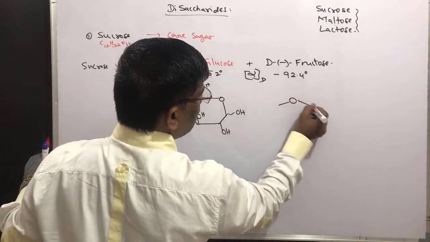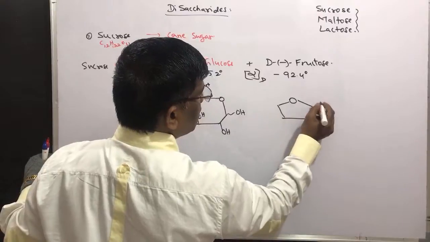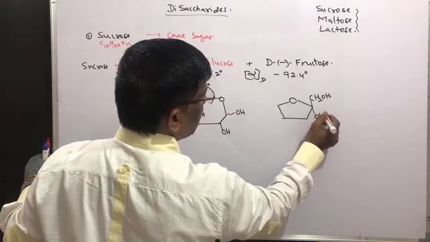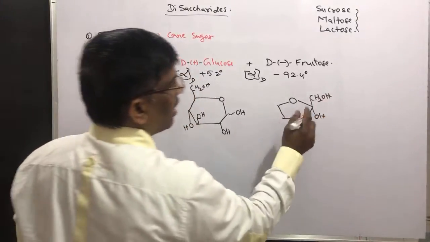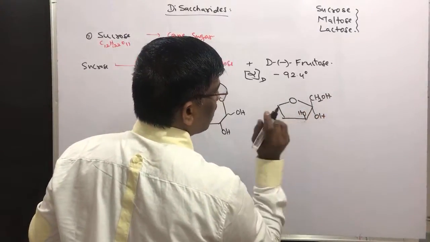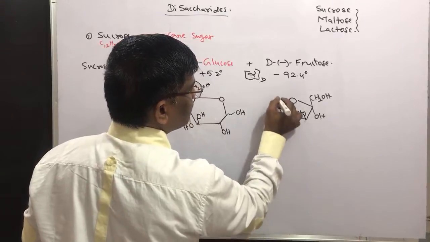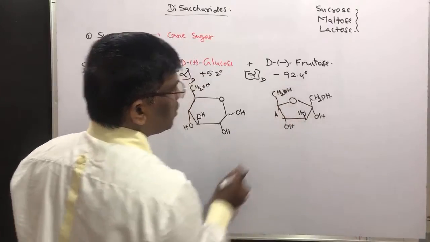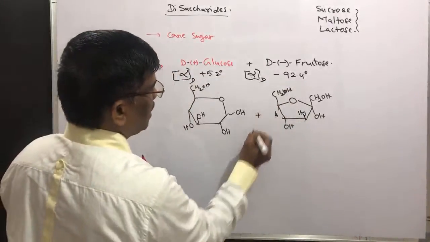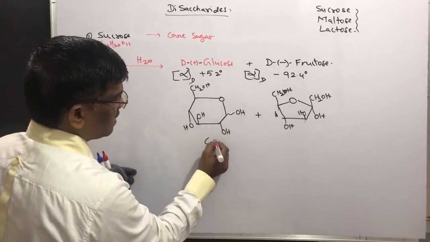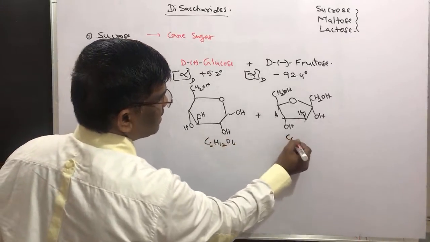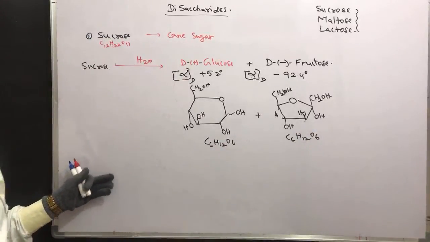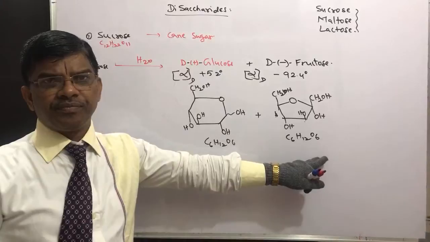And fructose, just now what I explained, this is fructose. CH2OH. If I accept this as alpha, and it is going to be CH2OH. So this is going to have a mixture of these two. Yes, it is C6H12O6, and this is also C6H12O6. These are the compounds we are going to get.